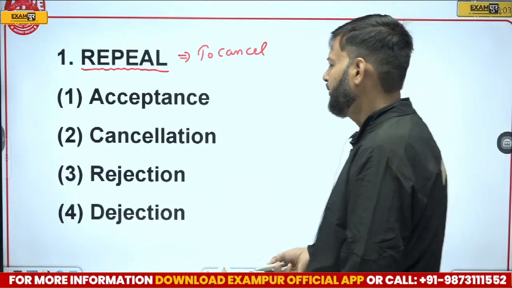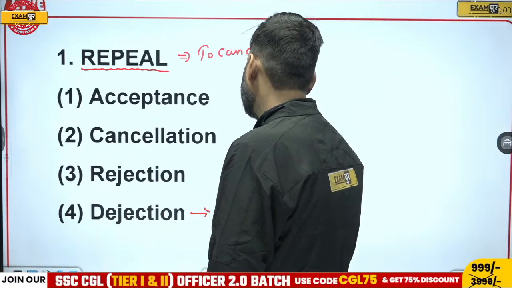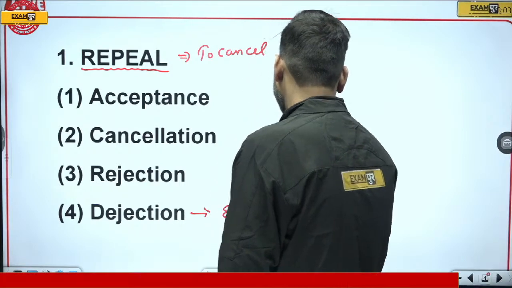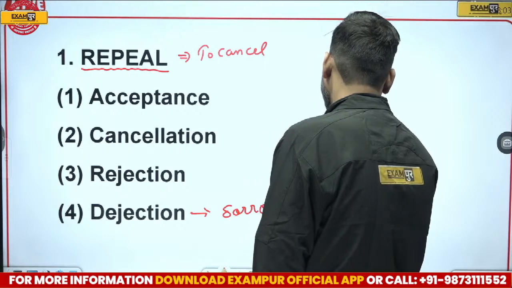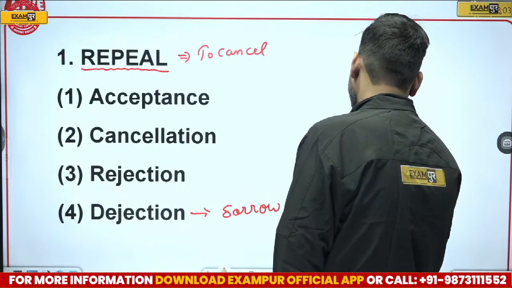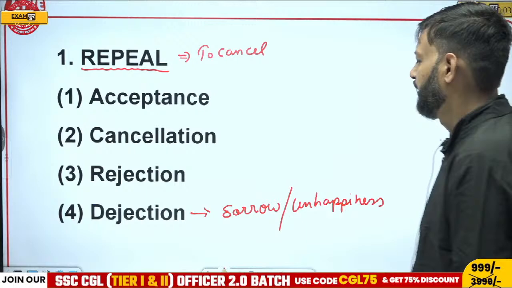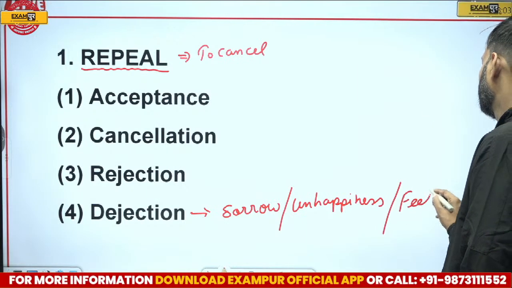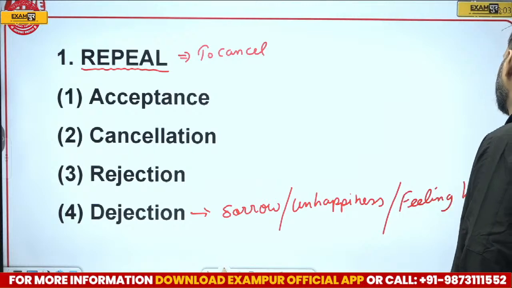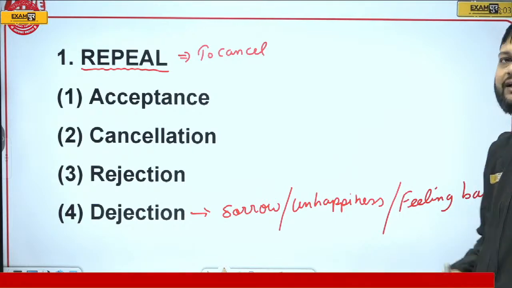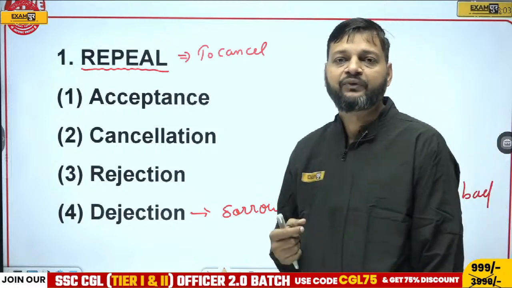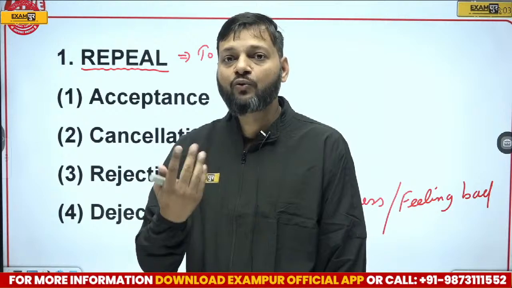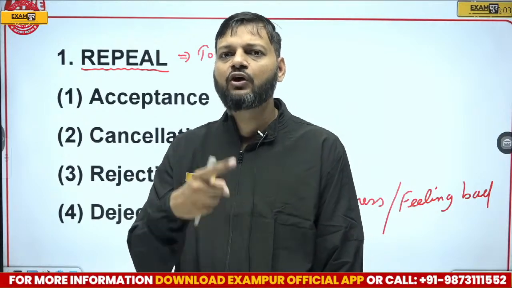So here the word dejection means sorrow, or we can say unhappiness. Feeling bad. When someone feels bad, when someone is not happy, when someone has sorrow, the state is called dejection.